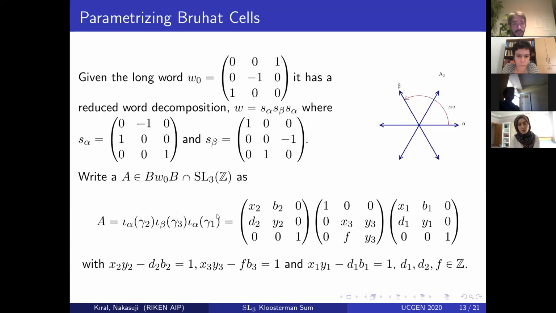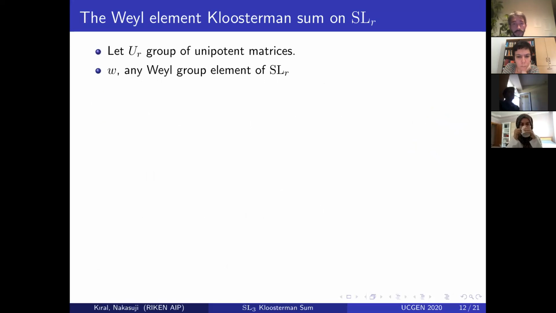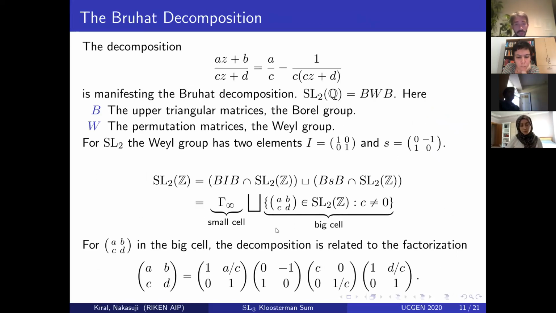Why would I expect this to lie in BW0B? Well, the point is, each of these 2x2 matrices here is actually living in the upper left block. This is just a 2x2 matrix. So it has a decomposition of the form, so let me go back, just like the bottom one in here.